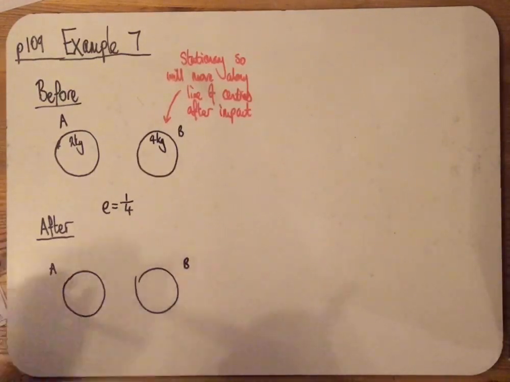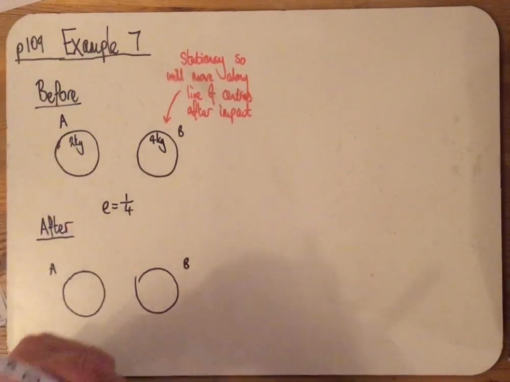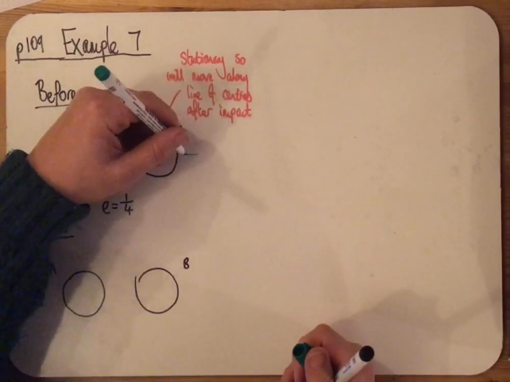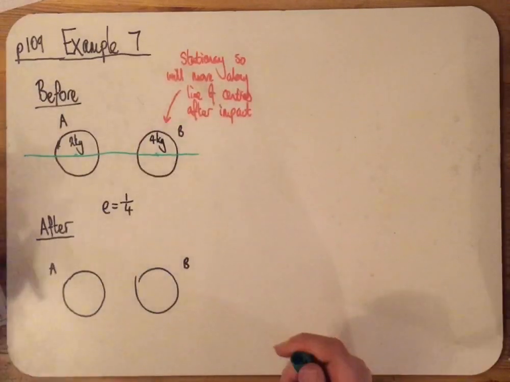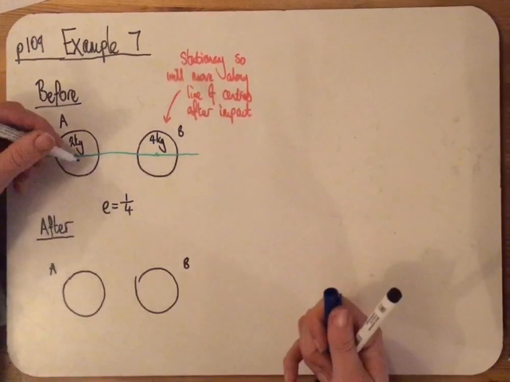A makes an angle of 60 degrees with the line of centres of the two spheres. So to draw that, you really need to pop in your line of centres coming through, and that's important to all of these questions, and then the angle 60 degrees.